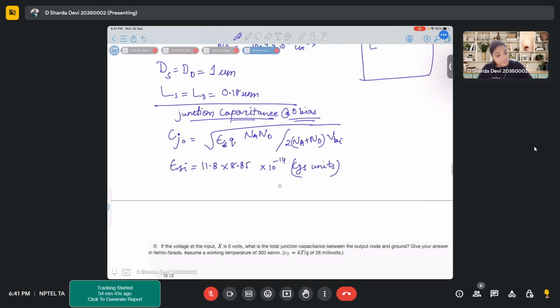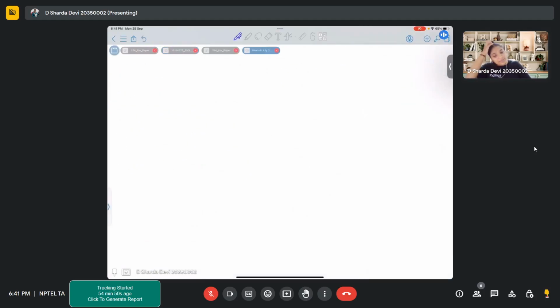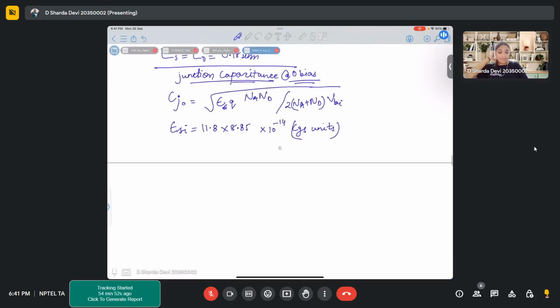Now in this particular formula, we know epsilon, we know Q, we know NA and ND for both NMOS and PMOS. What we don't know is VBI, correct? The junction potential, the built-in potential of that junction. So how do we find VBI?